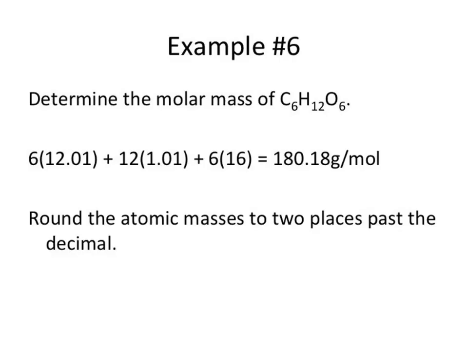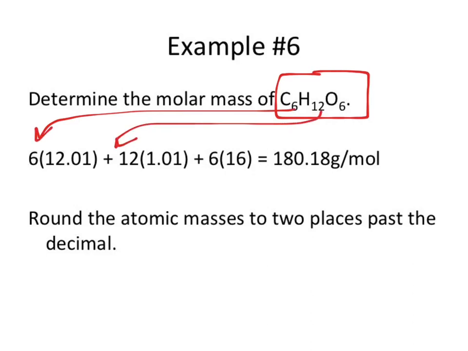So here is the molar mass. So here is C6H12O6. You see those subscripts. Those subscripts represent how many of those atoms I have. So I have how many atoms of carbon? 6. And of hydrogen I have? And oxygen there are? 6. So we can multiply those subscripts by the molar mass that is on the periodic table.